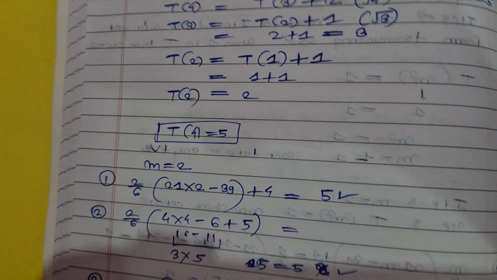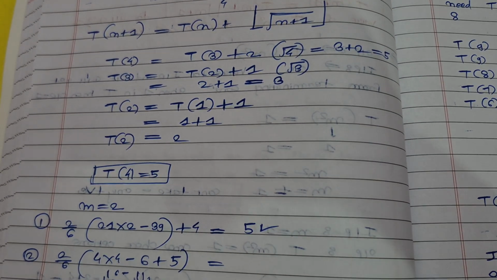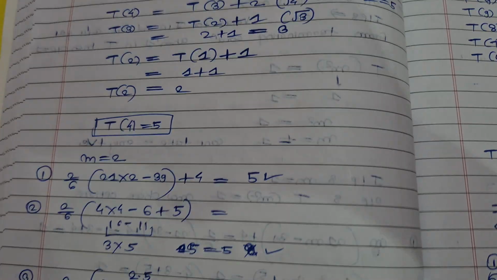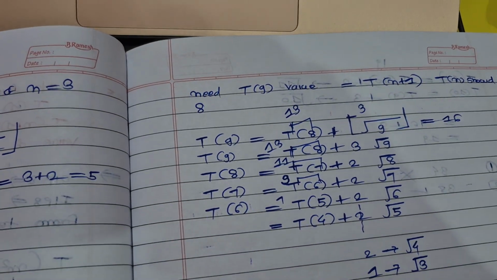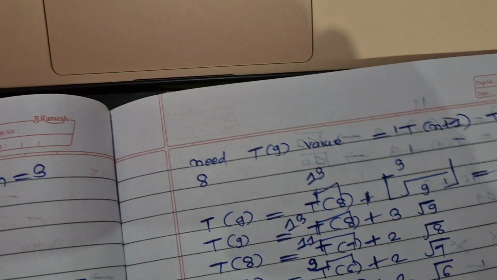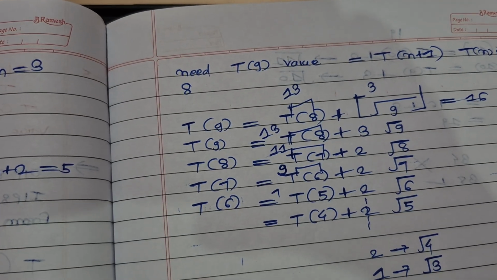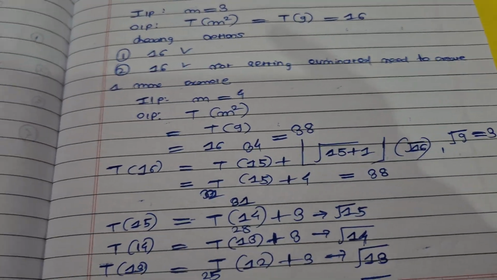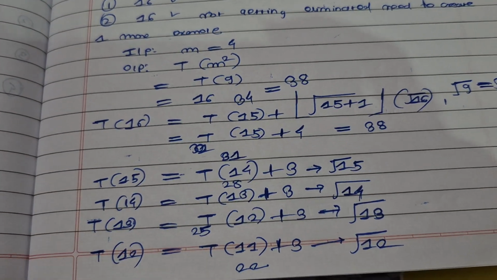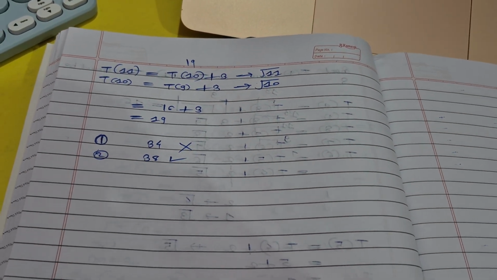Here also, in this example, every time 2-3 times we were getting multiple correct options, so to eliminate that we were taking a different example. After that we got the correct option. You can see here also you are getting multiple options, and finally we got the correct option. So that was algorithms, recurrence relation, PYQs.